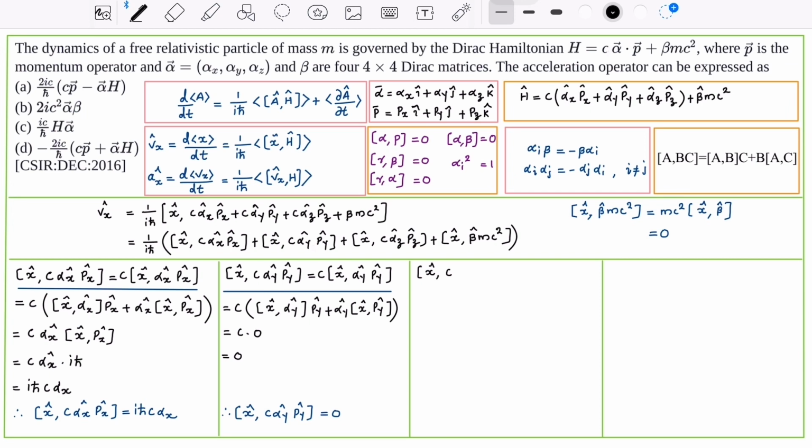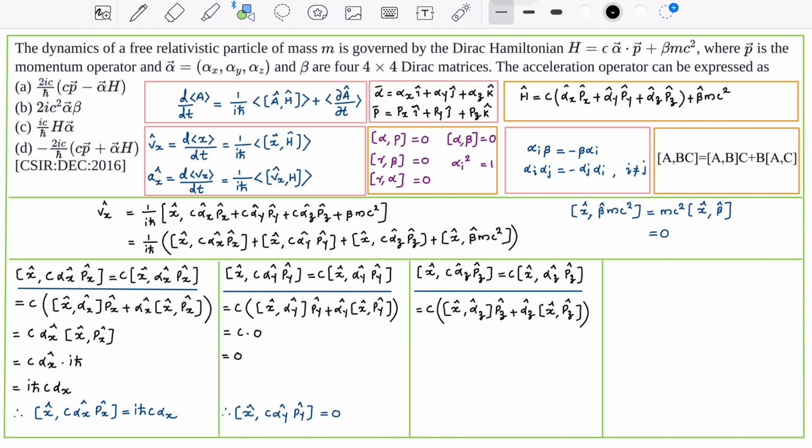Now let us find out the commutator of x and c αz pz. This is equal to the constant multiplied by the commutator of x and αz pz, which is c times [the commutator of x and αz, pz, plus αz times the commutator of x and pz].